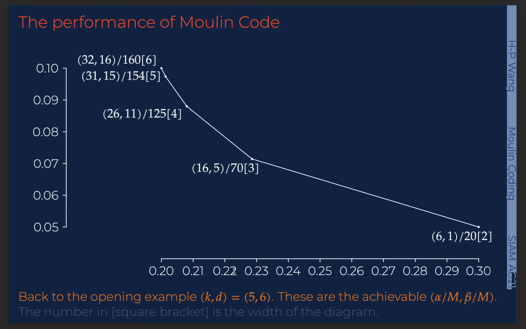So here's the plot, assuming k and d equal 5 and 6, which is the example given in the beginning of the presentation. The plot shows the achievable quotients. The number in the square bracket is the width of the diagram. The one I showed you is width 3.